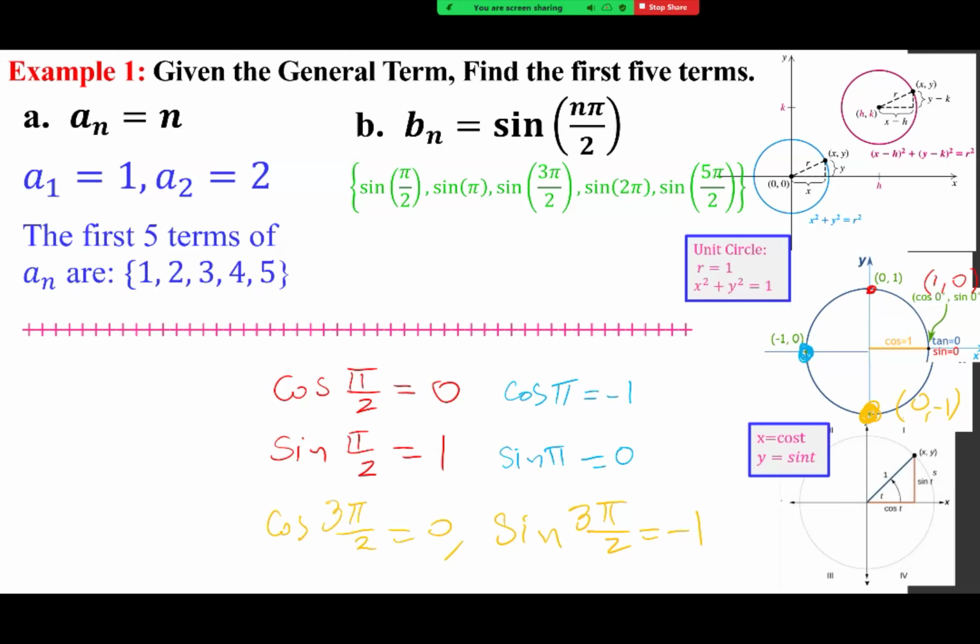The reason I went over this is because this makes it easy to memorize the answer to the question here. So sine of pi over 2, this is positive 1, 0, negative 1, 0, positive 1. Again, understanding the concept. This was a piece of information from basic trigonometry.